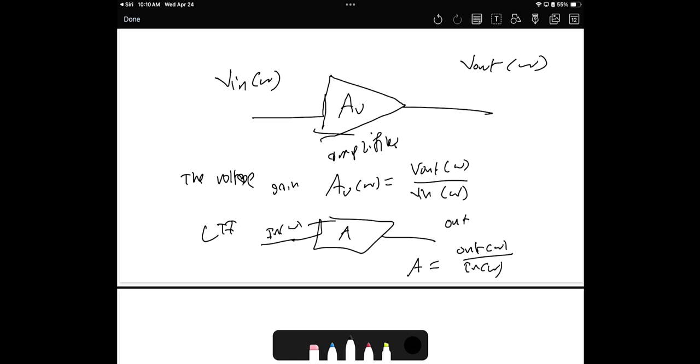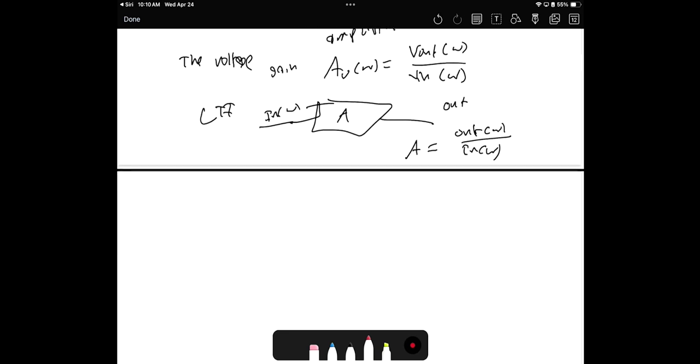It's the same as the transfer function that we know. Okay? We know how to make a transfer function. Or you can say, as an application, we have amplifier output voltage over input voltage, etc.